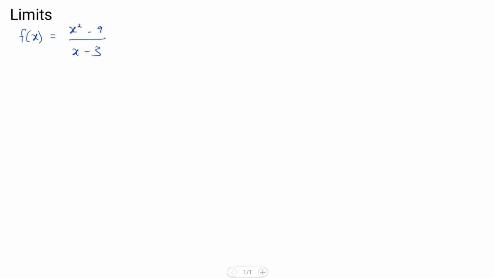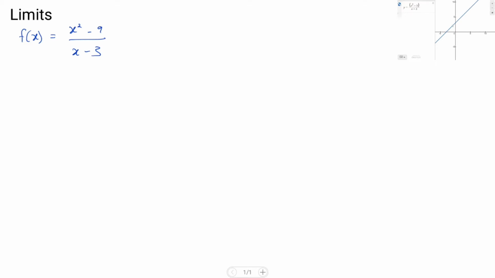What we're going to start out with is a function that you can see on the screen right now. Let's first see what happens when we graph this function. I've already drawn my graph, and you can see this is my function. When it comes into a graphing calculator, it immediately becomes a linear graph.